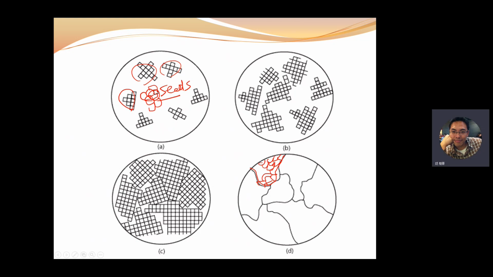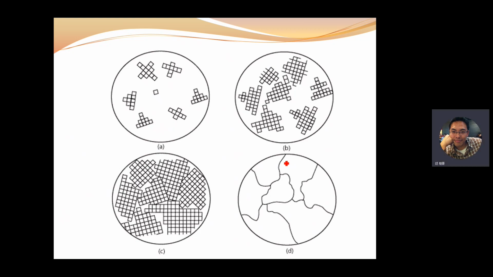Therefore, if the cooling rate, the supercooling rate, is extremely slow, what's going to happen? That means the seeds are few. Let me give you some examples. If the cooling rate is very slow, that means the seed count is few, right? Therefore, the grain boundaries are few.